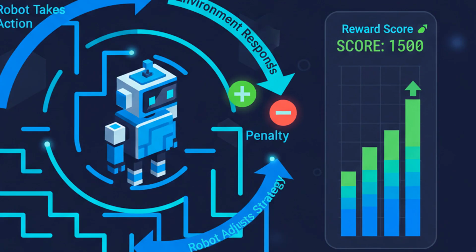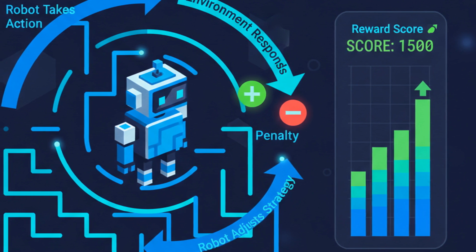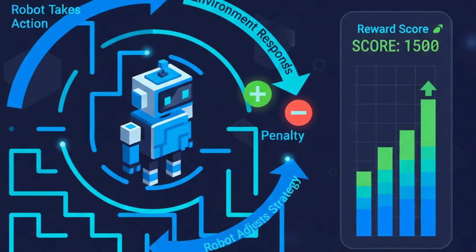Now for the most fascinating type, reinforcement learning. Forget labeled data entirely. Here, an AI agent learns by interacting with an environment and receiving rewards or penalties based on its actions. Think of training a dog. You don't show it videos of other dogs sitting. You say, "Sit," and when it sits, you give it a treat.